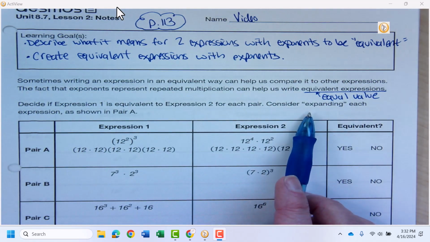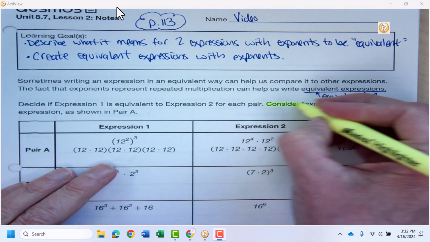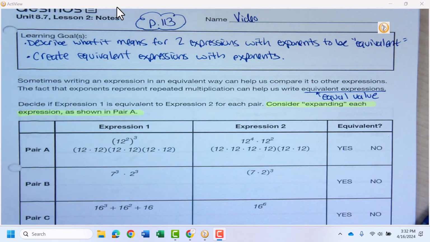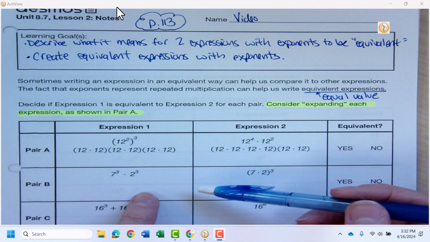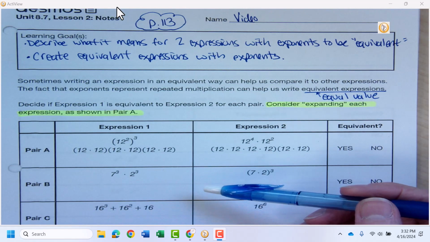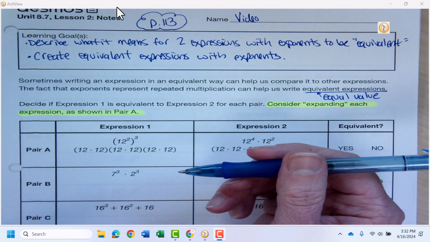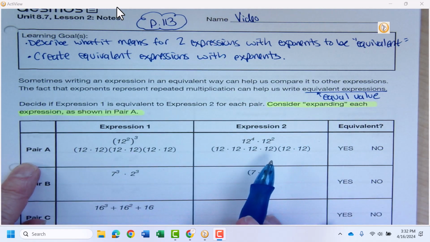Consider expanding each expression, just like they did in this first example. Now, as we're going, I'm just going to point out the three different rules that we talked about in the lesson during class. And those are going to be some things that might be helpful to put on a note card later on. All right, so let's look at this first pair.